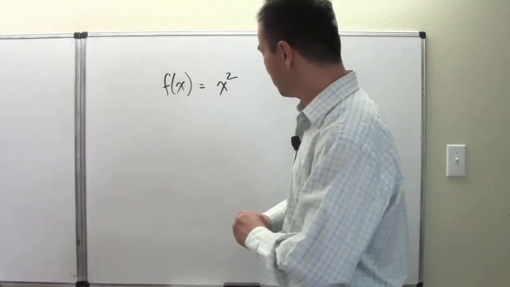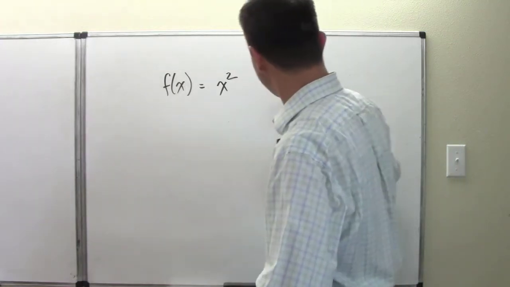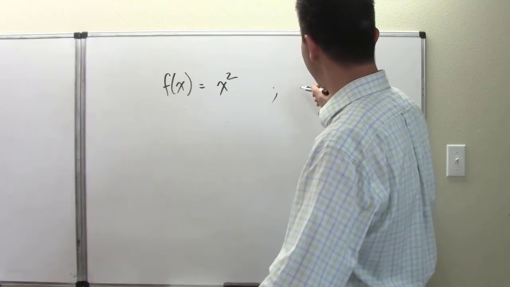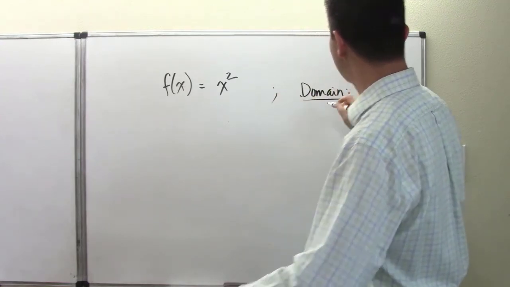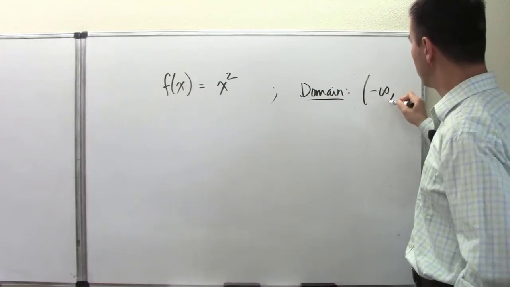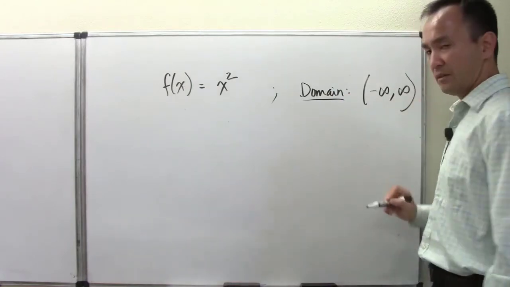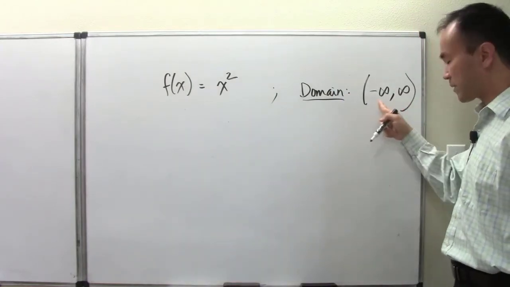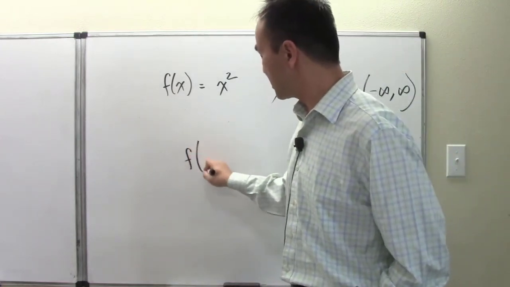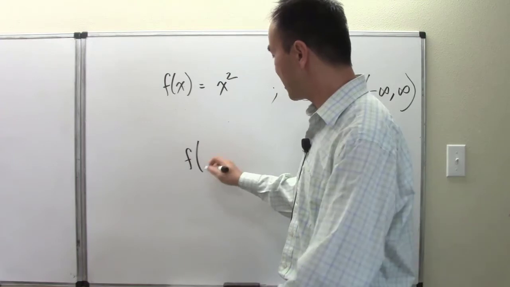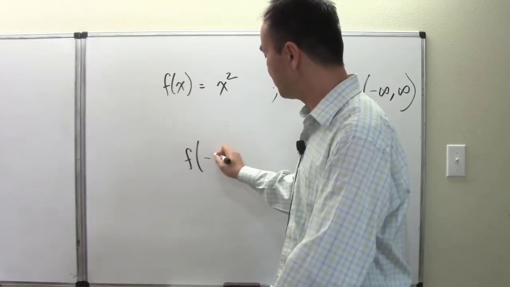Just earlier, as something to raise our awareness, I had to erase to write it in a different space right here, but our domain is any value on the line of real numbers, all values from negative infinity to infinity. Now let's look at a value here. Let's say I'm going to pick an input, -1.